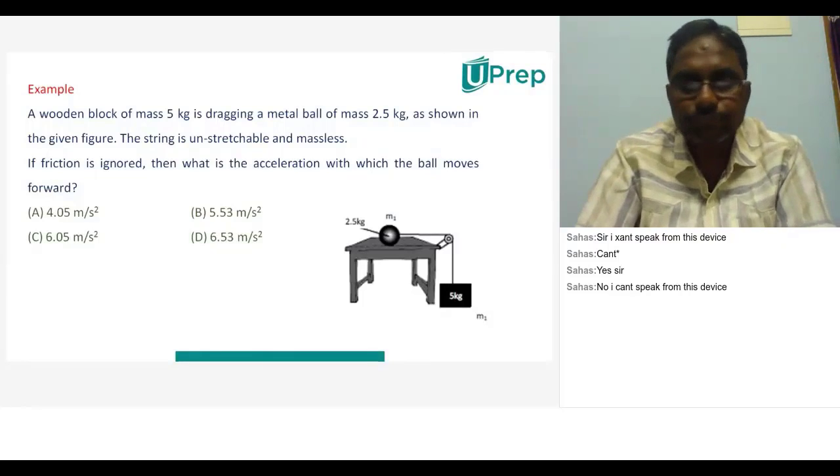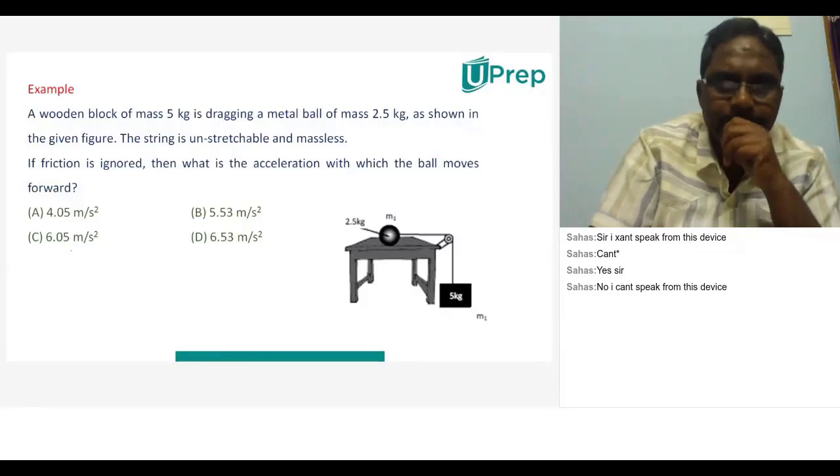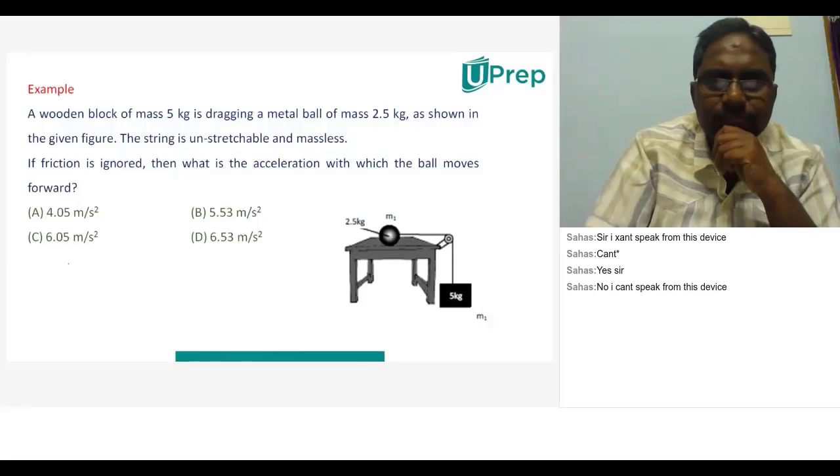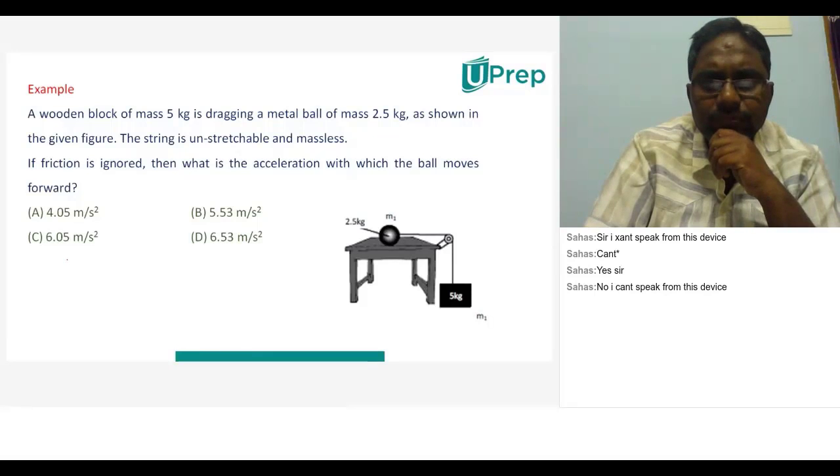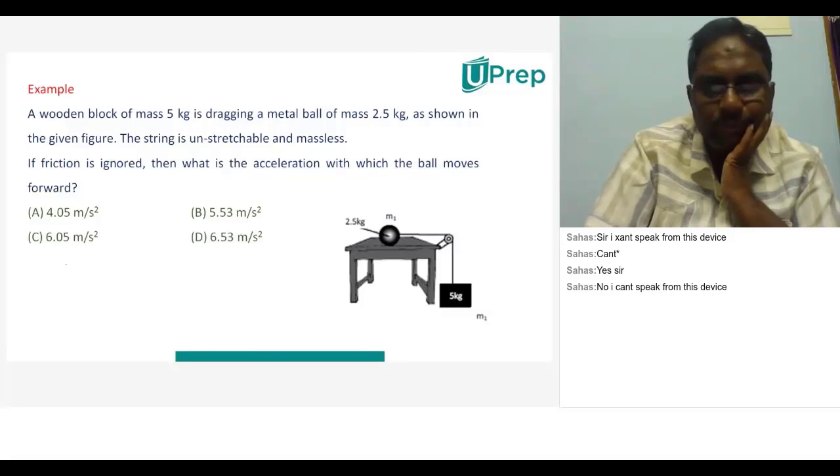So we will use the formula. Which formula will you use? Sir, acceleration is equal to (m1 minus m2) g divided by (m1 plus m2). Okay, try to find it with the help of that equation, and I will check.